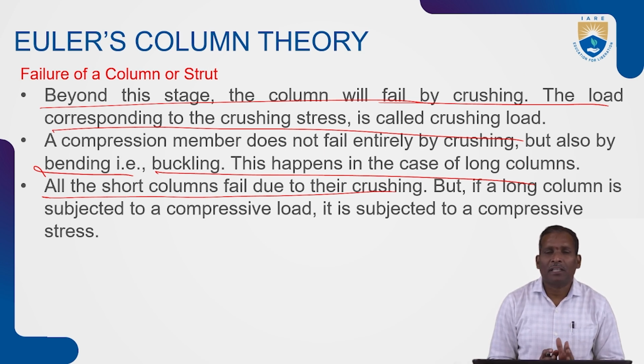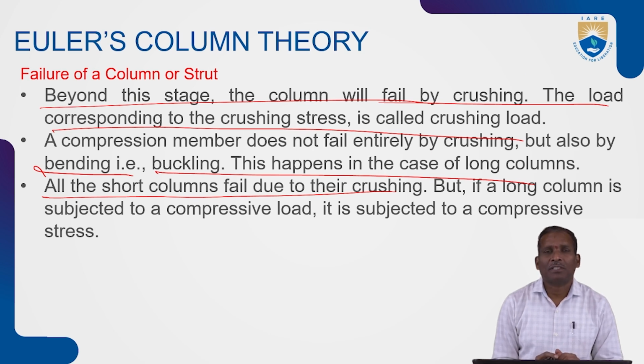Due to the corresponding crushing stress, the crushing load will be obtained. But the compression member does not fail due to this crushing load; by bending load, the structure will fail. So that is called the buckling load, crippling load or critical load.